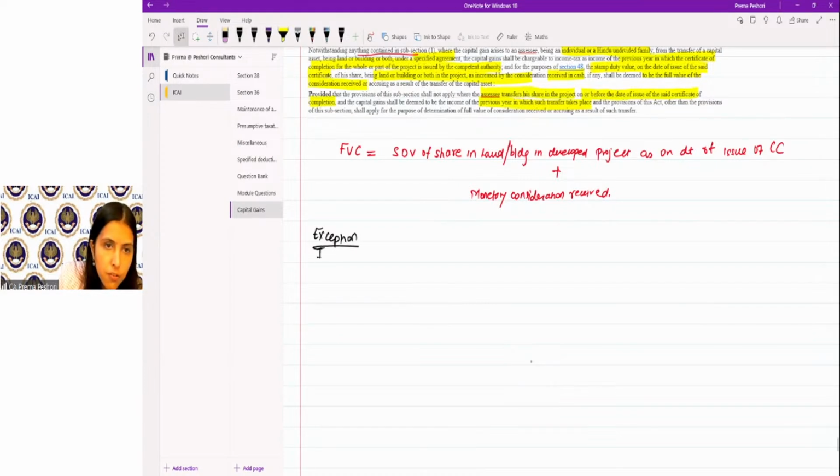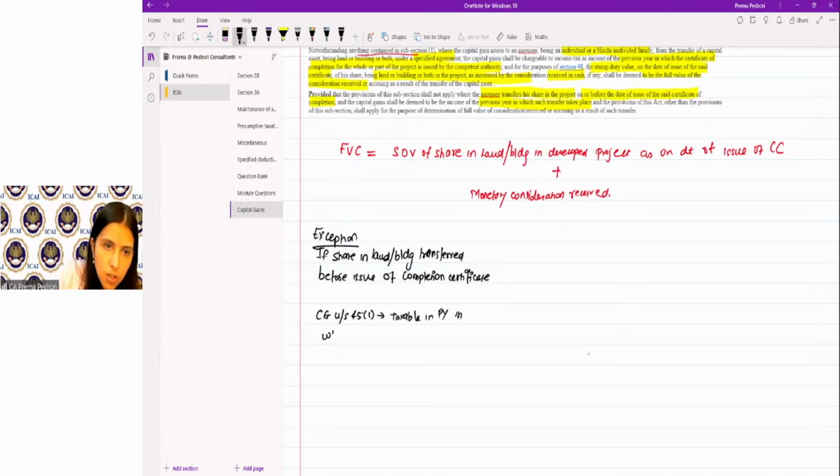So, here there is an exception. What is the exception? If share in land or building is transferred before the issue of completion certificate, then capital gain under section 45(1) is taxable in the previous year in which transfer takes place.